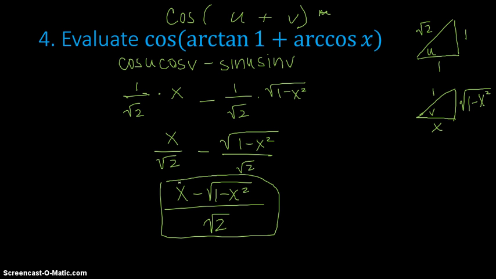Yes, that's not very pretty looking, but it is still my answer. It does not have to be pretty. Sometimes you cannot simplify. You've got to go with what you know. Build your triangles. It's okay if there's square roots. It's okay if there's x's. And then plug those into your formulas.